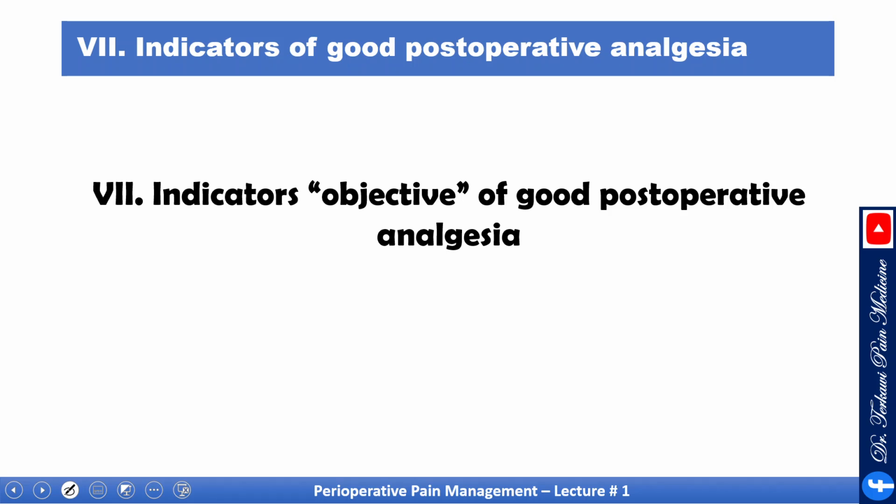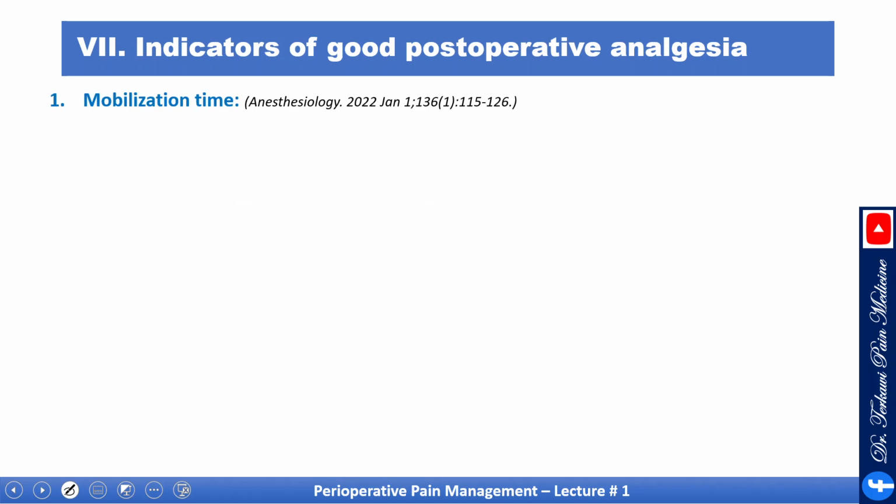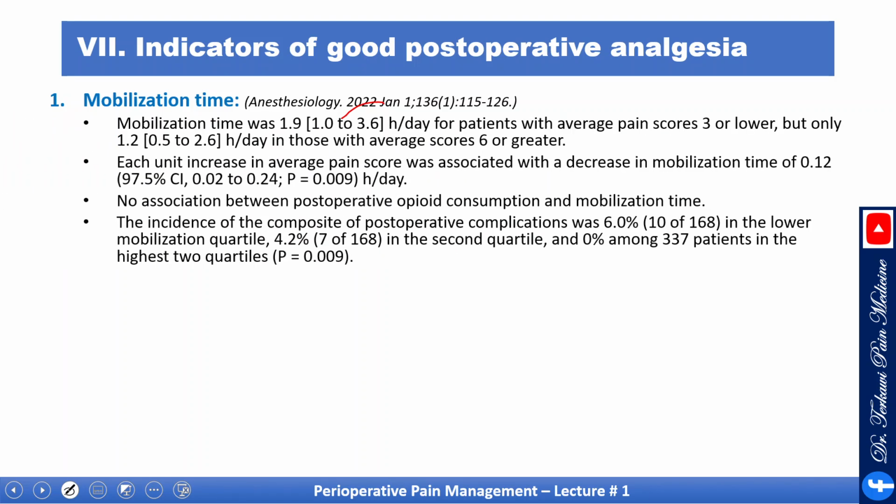Okay, now let's look at some objective indicators of good postoperative analgesia. How are you going to know if you are providing good postoperative analgesia? Interestingly, this is a very recent article published in Anesthesiology. They found mobilization time was almost 2 hours per day for patients with an average pain score of 3 or lower, but only 1.2 for those with an average of 6 or greater.